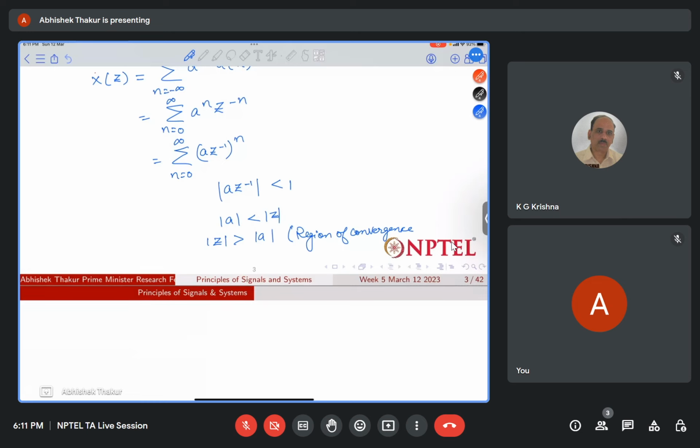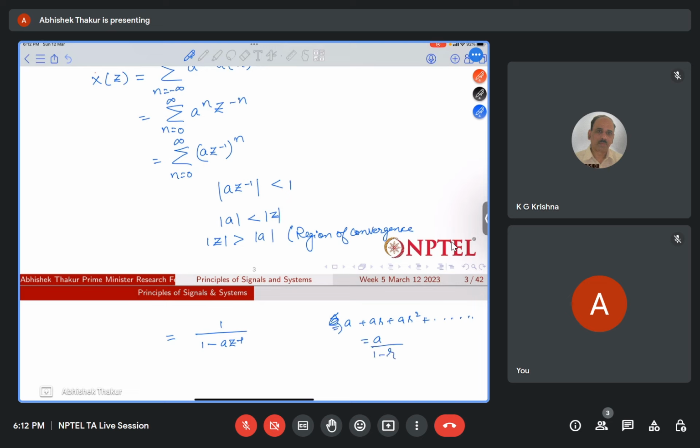When it is less than 1, the sum is 1 by 1 minus a z inverse. Whenever the summation is a plus a r plus a r square plus so on, the sum of all this is equal to a by 1 minus r.